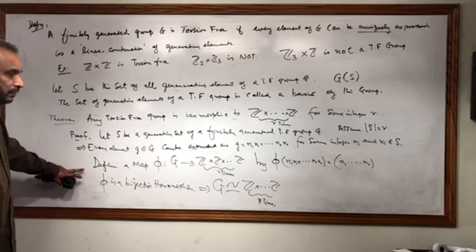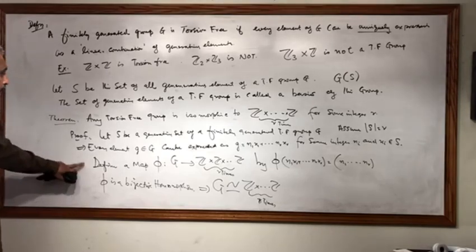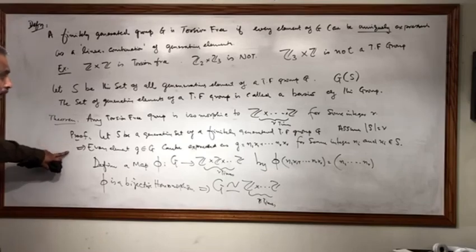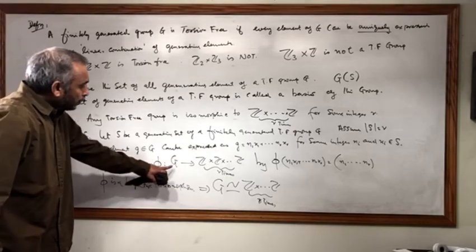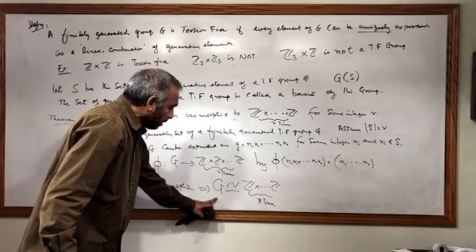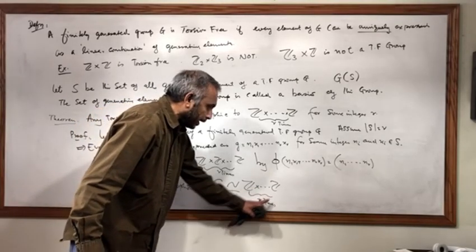And because of this map, we can say that the number of elements in every basis of a torsion-free group is a constant, because this is isomorphic to Z cross R times.